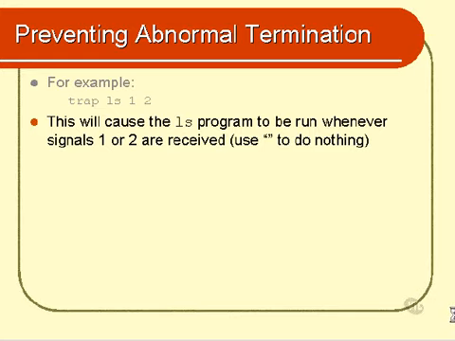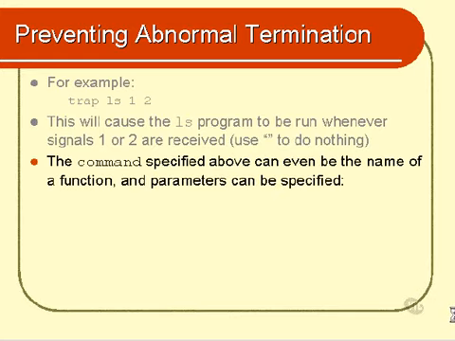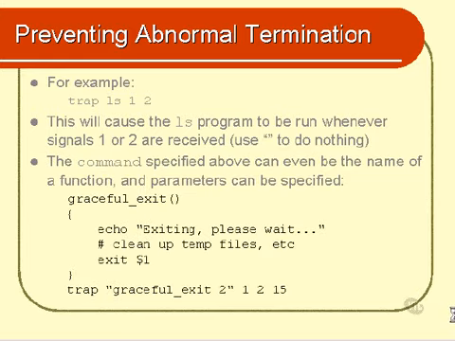The command that you specify can even be the name of a function, and it's also possible to specify parameters to either that function or any other command that you want to run when you receive the signal. And here's an example of that. We might have a little function called graceful exit, which could clean up all the temp files, log off the database, or do whatever it is that you need to do, and then exit.